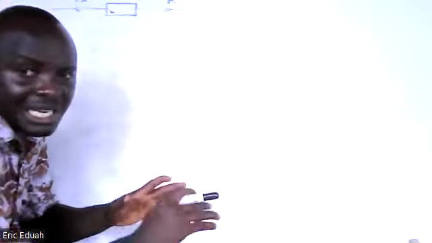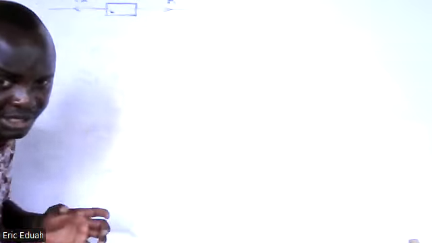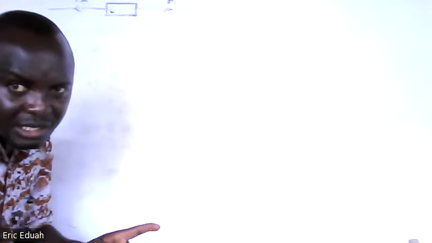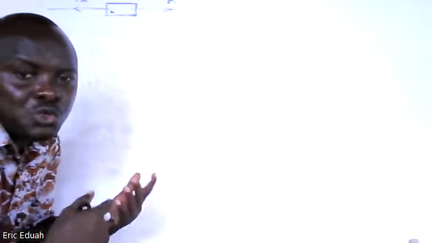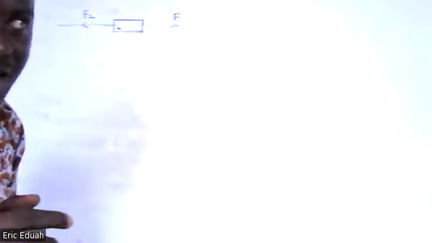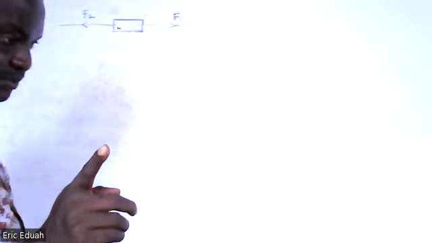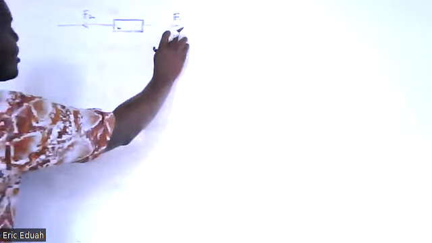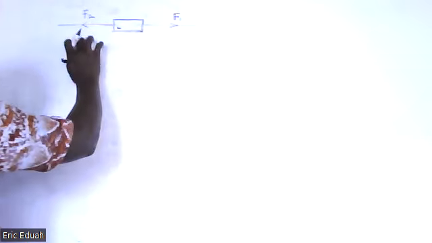You push, the other person also pushes. So when you have this situation, what will be the resultant? But we've been given the result. Okay, so the forces are F1 and F2.